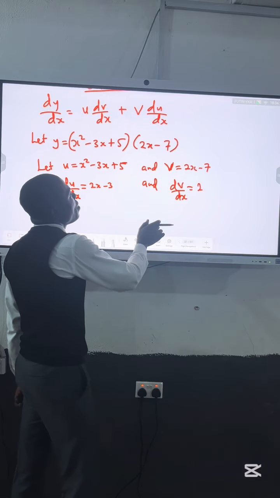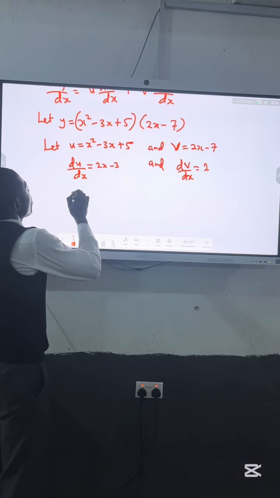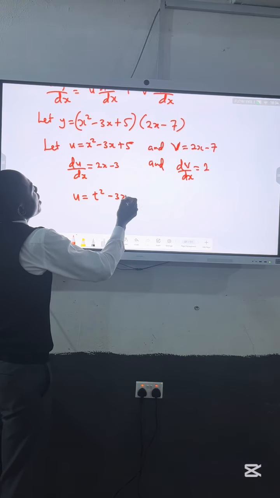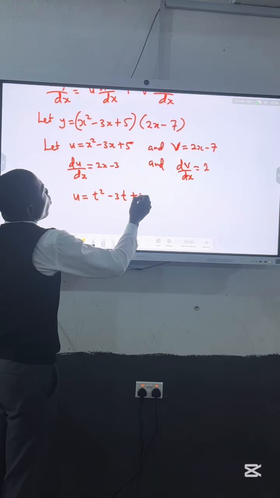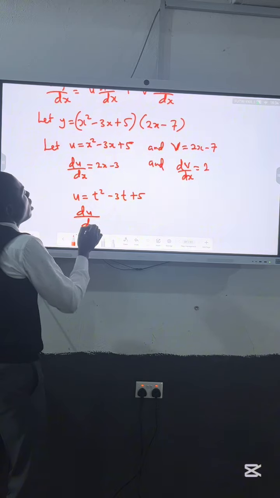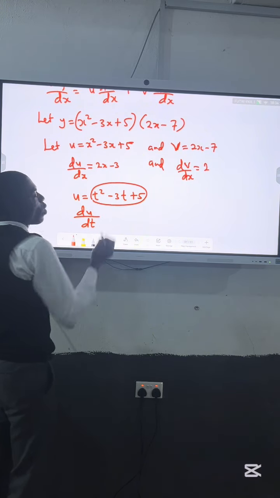Why did I write dv/dx and du/dx? Supposing we have u equal to, let's say, t squared minus 3t plus 5. I will change my language to du/dt. That's because the function is defined in terms of t.